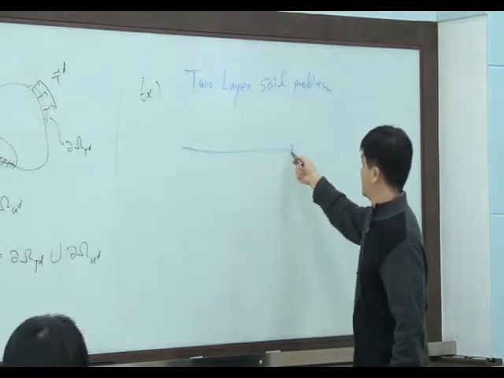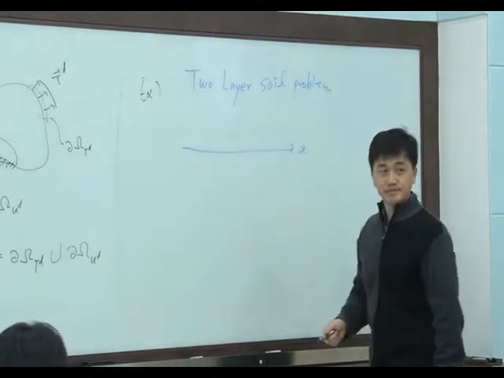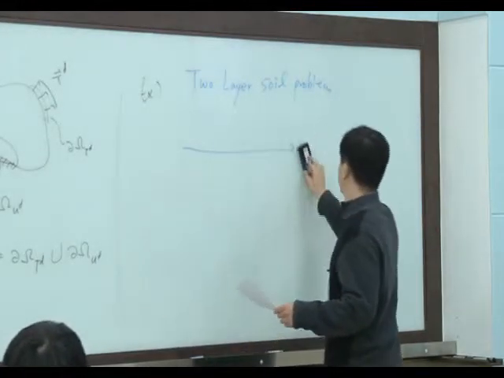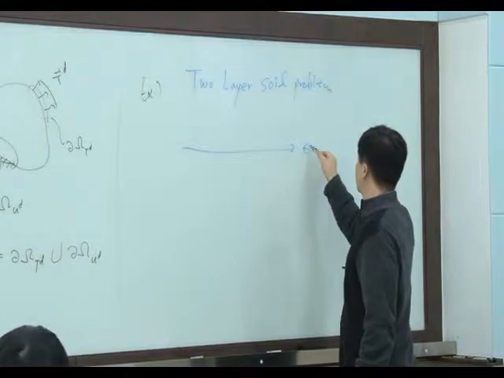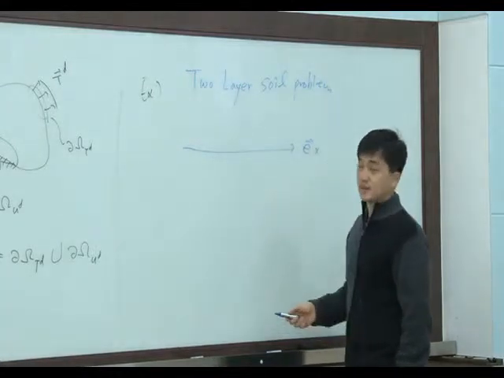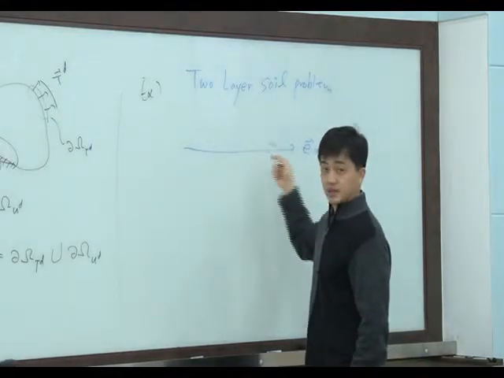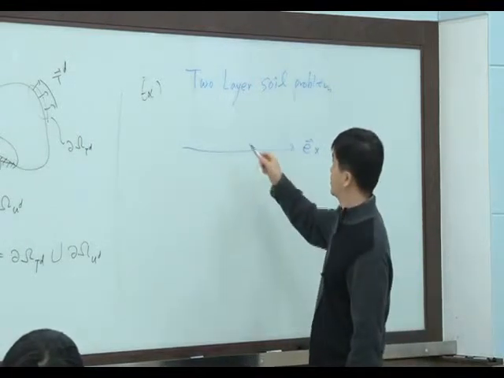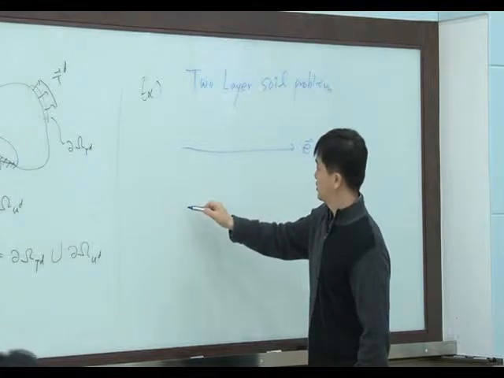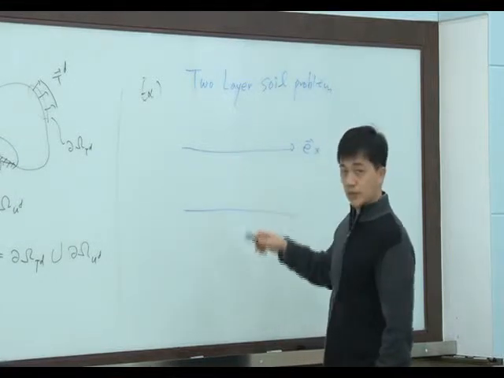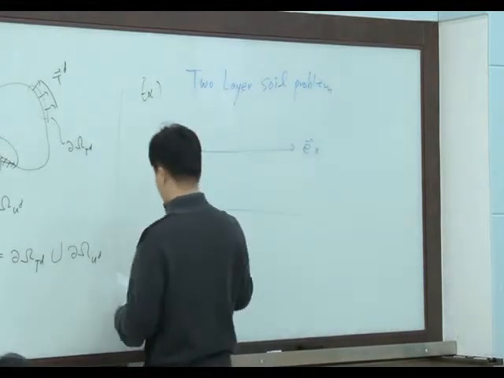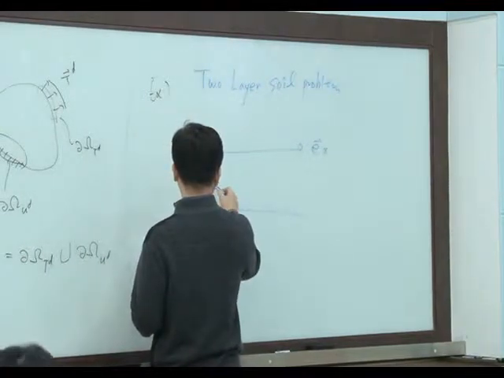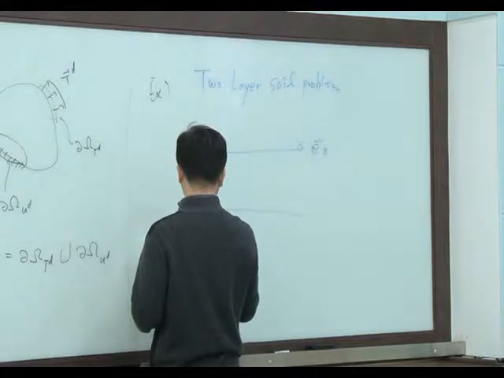Let's say this is the x-axis, or let's say just E_x. And this is the surface of the soil. And we have two layers of soil. Here, soil layer 1. Here, soil 2.